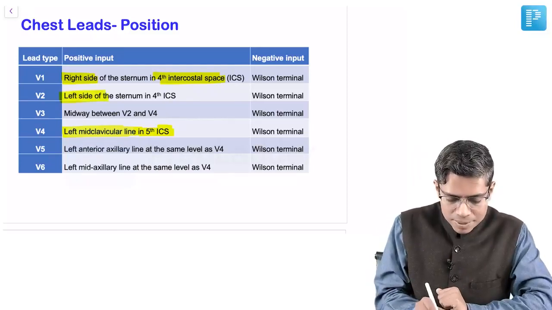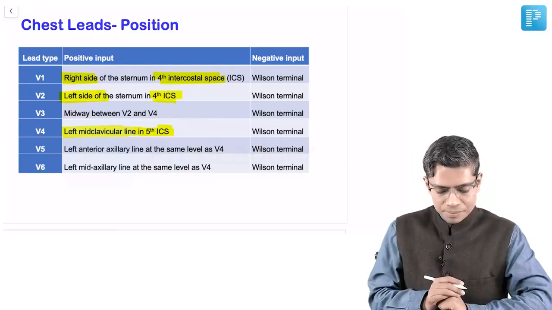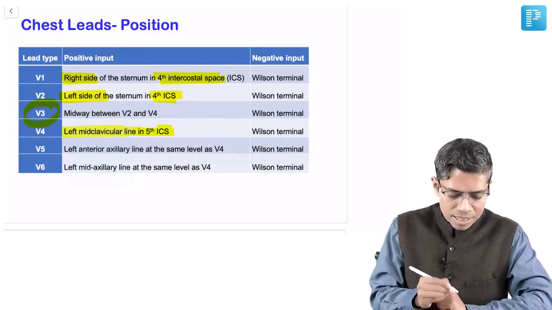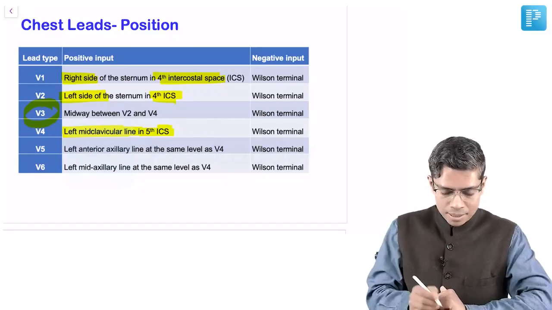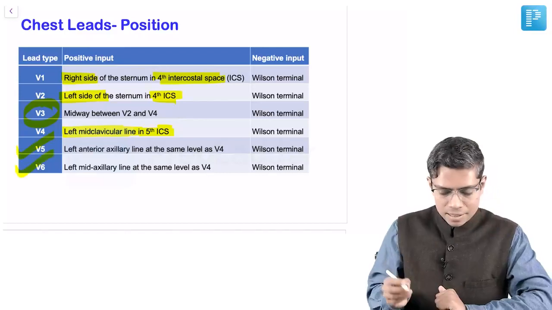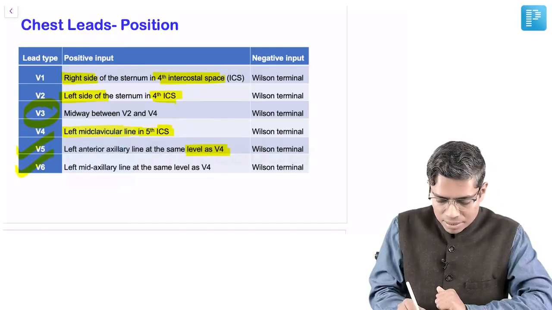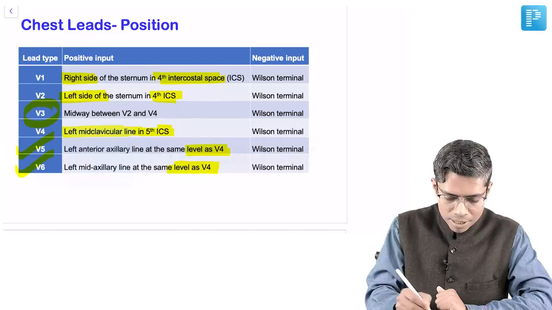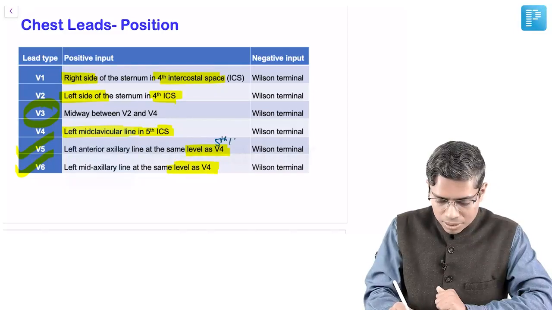Similarly, V2 is the left side of the sternum, same intercostal space, and V3 is placed in between V2 and V4. Then V5 and V6 are the same: all of them are in the 5th intercostal space region, right?